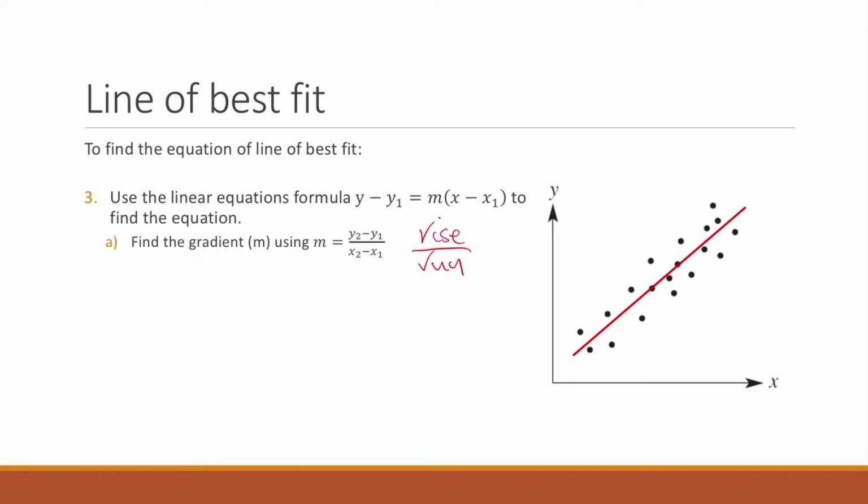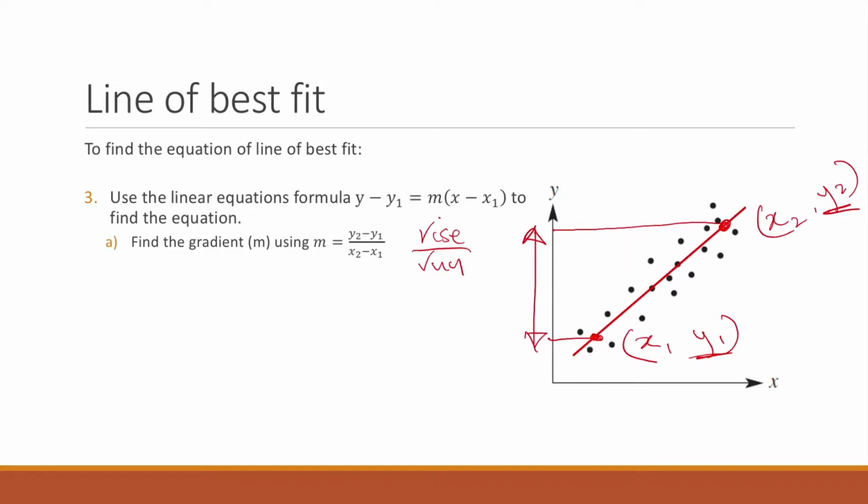So let's say I pick this point here, which is x2 and y2. This point is x1 and y1. We're using coordinates. y2 minus y1 gets us the height, and x2 minus x1 gets us the length.